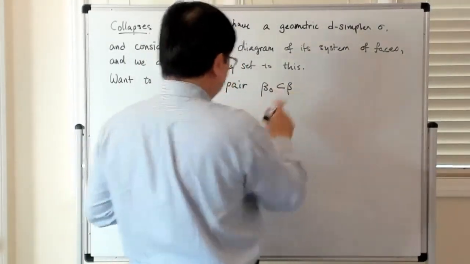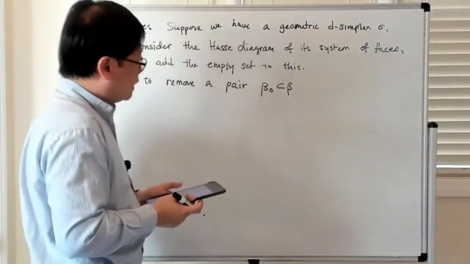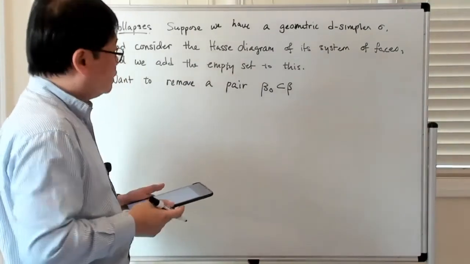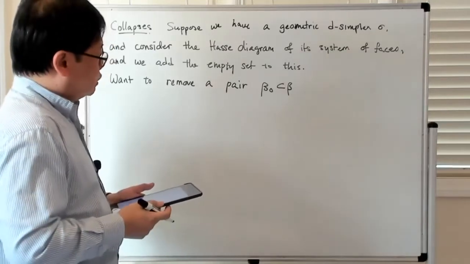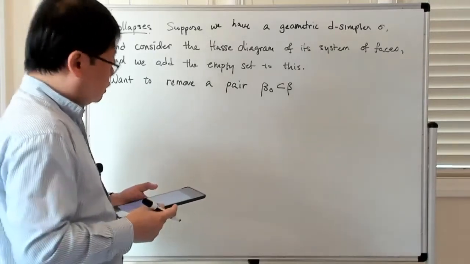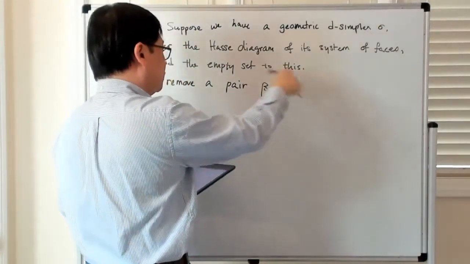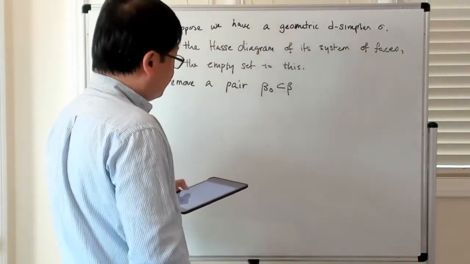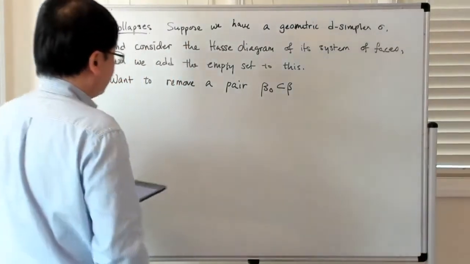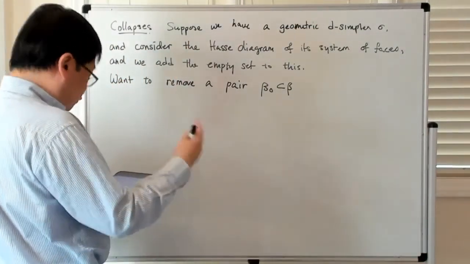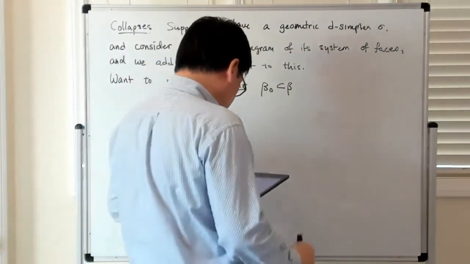And of course, when you're talking about these faces, you can either think of them as abstract simplicial complexes, in which the elements of the complex are really just collections of points, or sets of points, or as a set of vertices, or as actual faces. There is this one-to-one correspondence, especially when you have a geometric D-simplex.